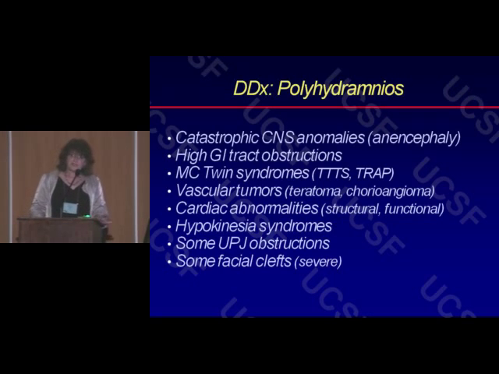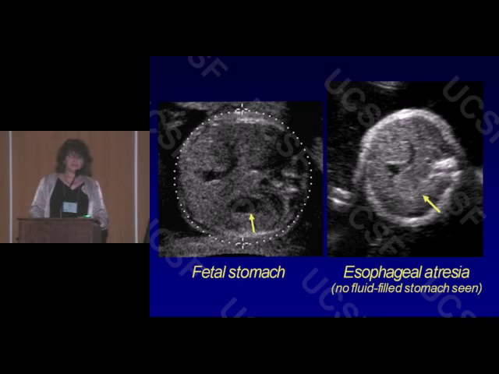A differential for polyhydramnios, once it's been made, that's going to guide your next steps, inform your targeted survey. Like any differential, it's best to sort of prioritize the top 3 on this list, and it's a long list, are highlighted here: CNS anomalies, GI tract, and twins. I don't want to steal Ruth's thunder.